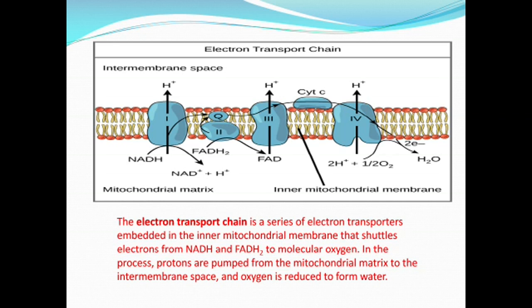Carbon dioxide was produced in the Krebs cycle, water was produced in the electron transport chain, and ATP is produced in the form of energy. 1 NADH is equal to 3 molecules of ATP. 1 molecule of FADH is equal to 2 molecules of ATP. Here glucose ultimately किसमें convert हुआ? Glucose is converted by all these 3 stages: glycolysis, Krebs cycle, electron transport chain. It produces carbon dioxide, water, and energy in the form of ATP.